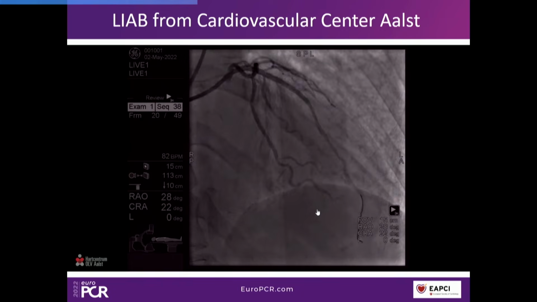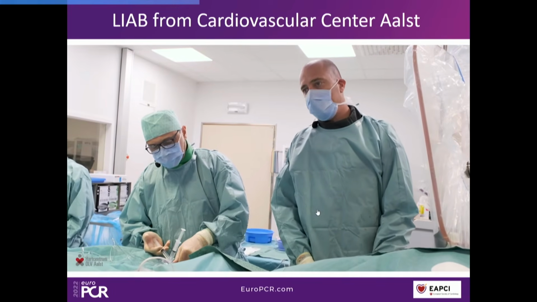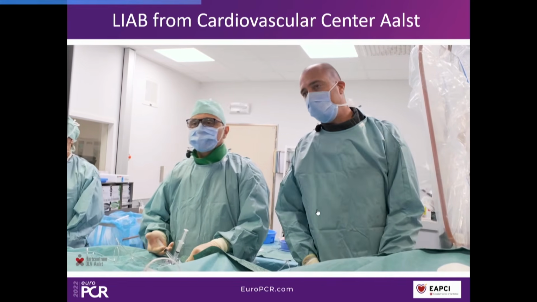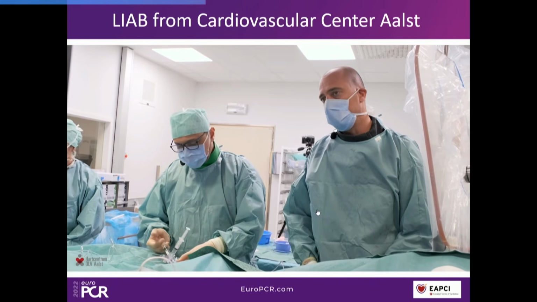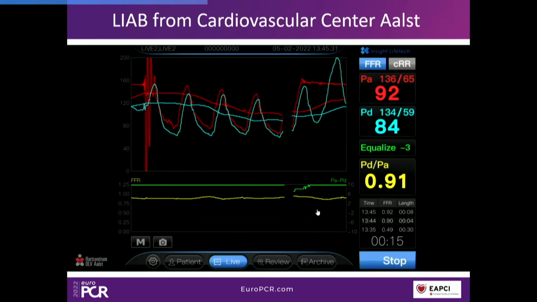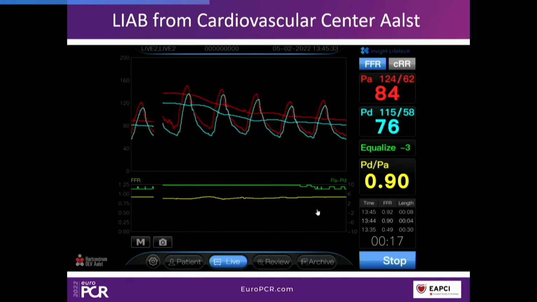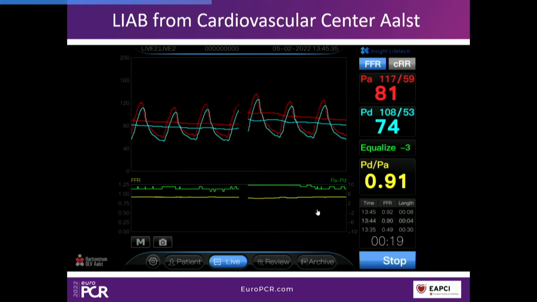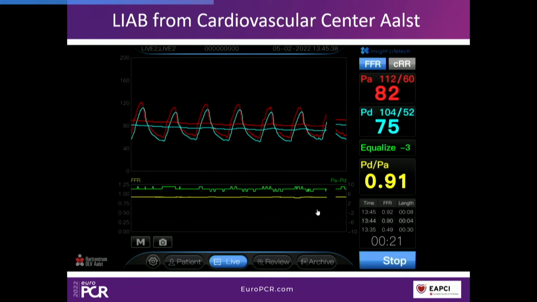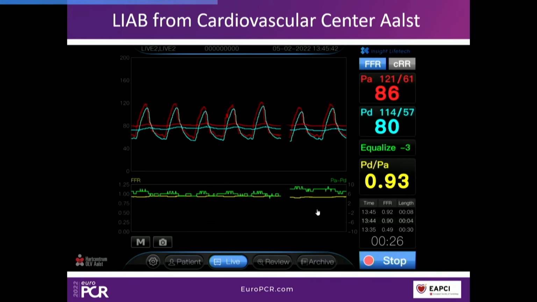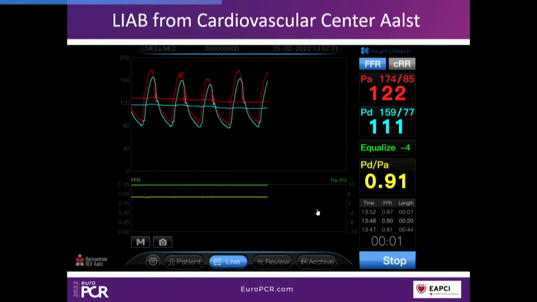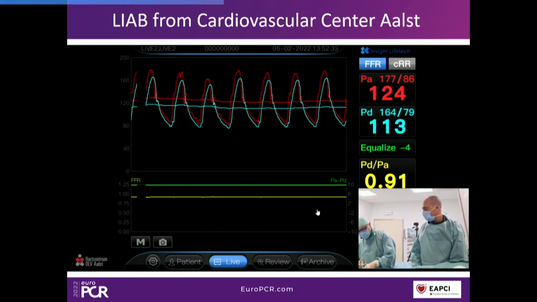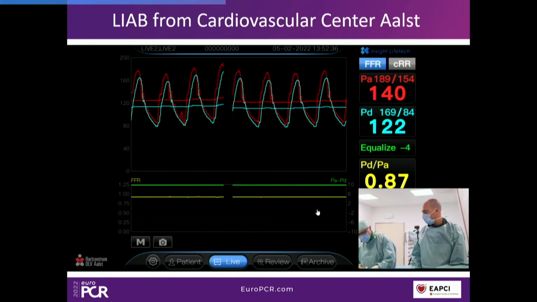Okay, so now we implanted a Trio 32 stent in a proximal to mid-LAD and we'll evaluate the FFR with the pullback post-implantation. Not too bad. Why don't you film the pullback? Good.